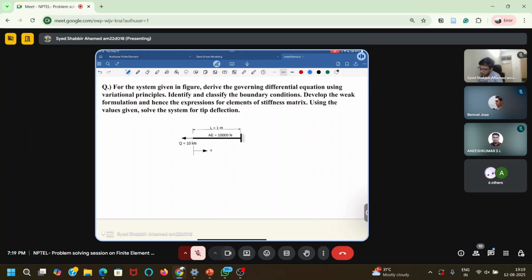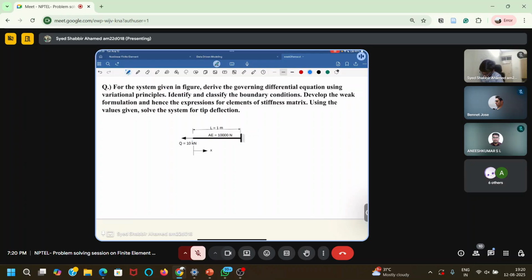Now we want to use the variational formulation, develop the weak form, and assume some solution, and based on the assumed solution we will get the coefficients. After getting those coefficients, we will look at the deflection of the bar at the tip, or at the free end of the bar.